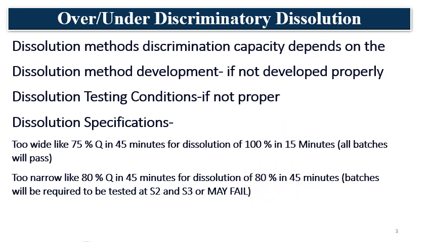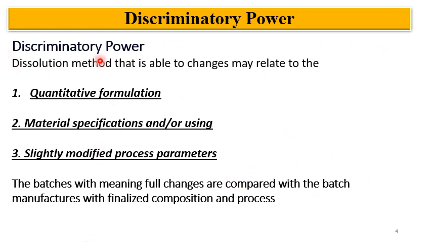Then coming to the discriminatory power, this is the ability of the discriminatory dissolution method to distinguish the good batches and the bad batches. Good batches are those which are equivalent to the clinical batch or bio batch and are supposed to be similar to the bio batch, and the bad batches are those which are not similar to the bio batch.